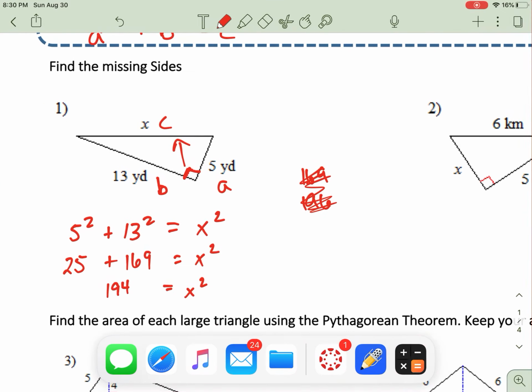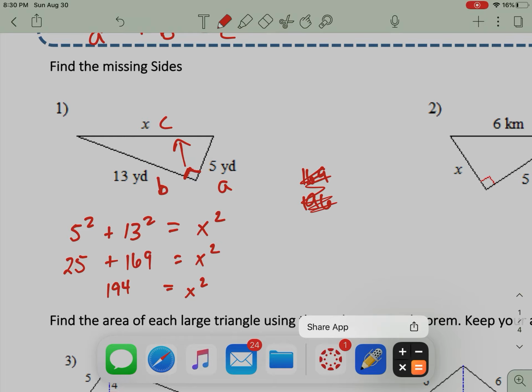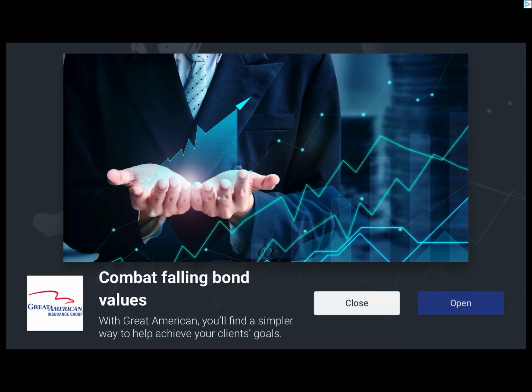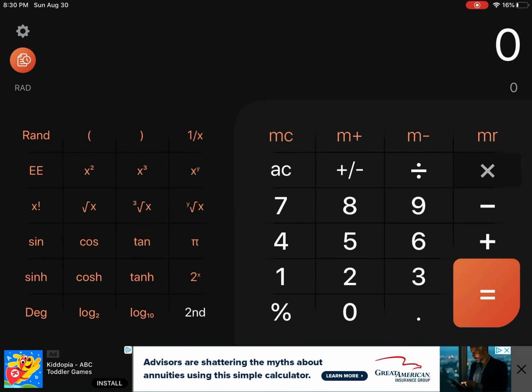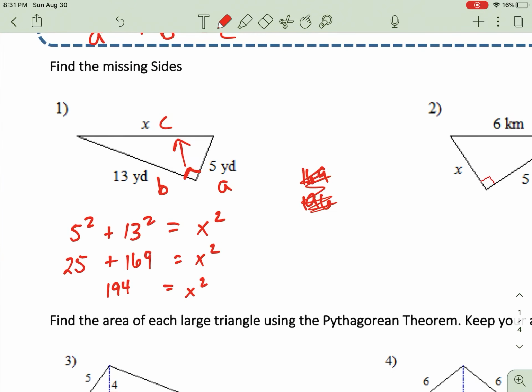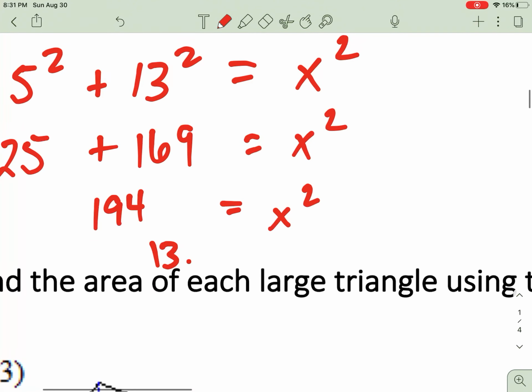So 194, we'll take the square root, is 13.9 and some change. So 13.9 and some change is about that side length.